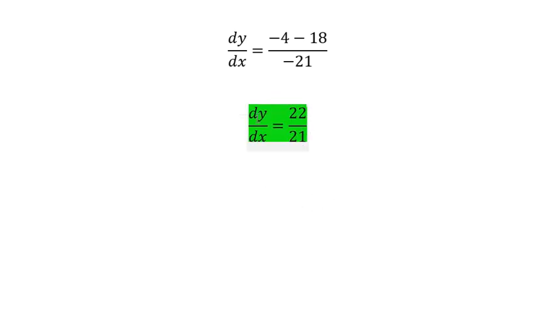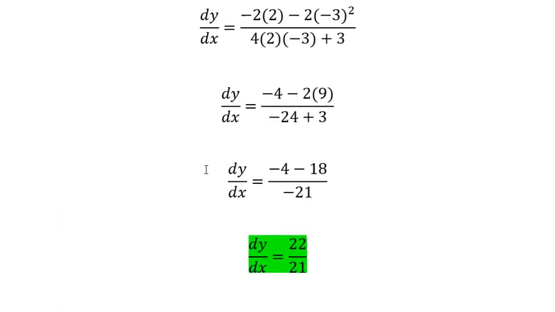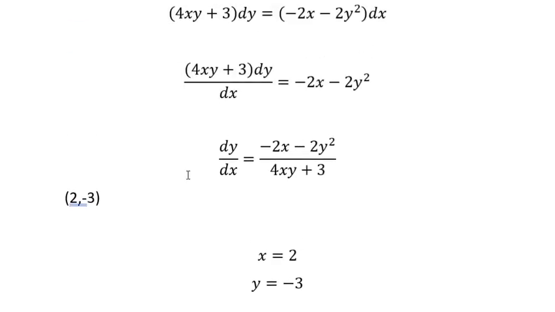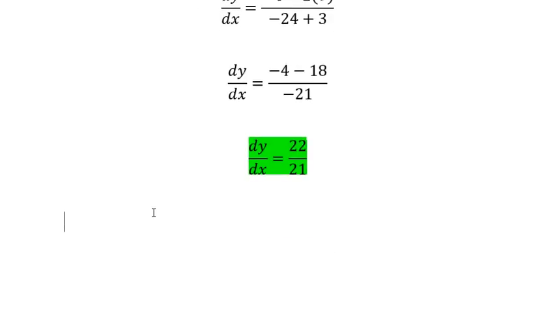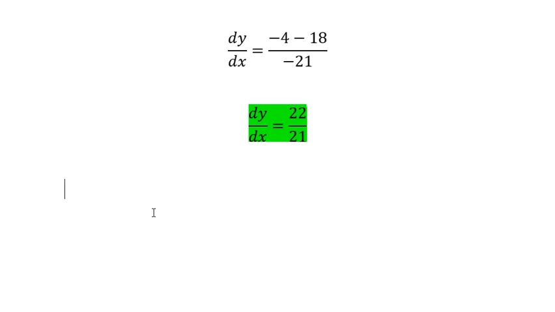This will be the slope of a tangent line to the function or to the equation x squared plus 2xy squared plus 3y equals 31 at the point 2 comma minus 3. The answer will be 22 over 21.